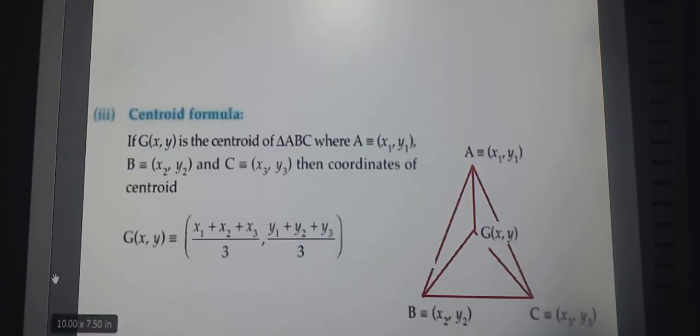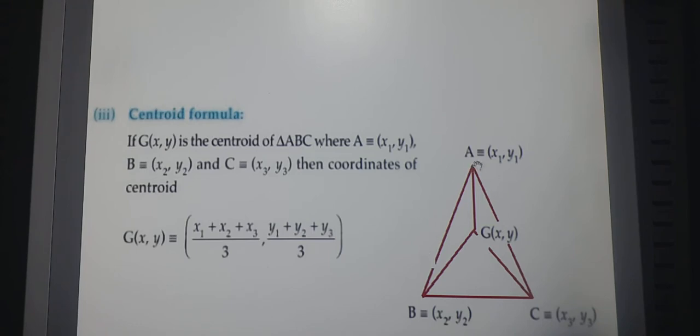Now the next point is centroid formula. If the vertices of a triangle are given, and we know that the centroid is a point which is equidistant from the vertices.